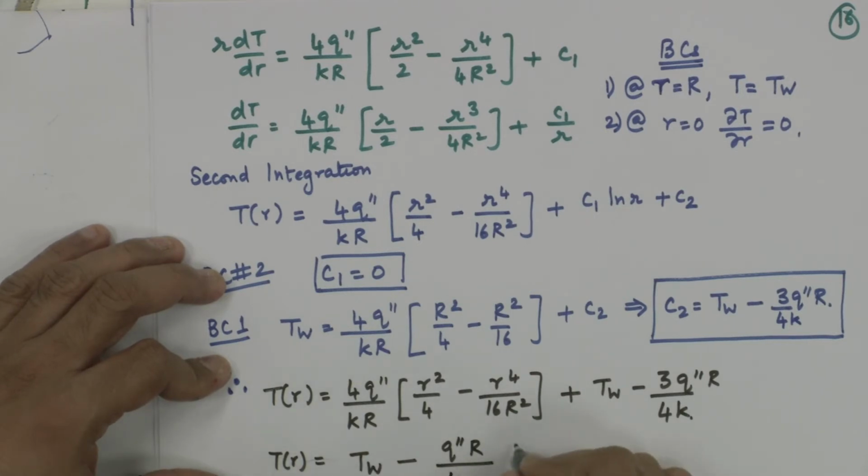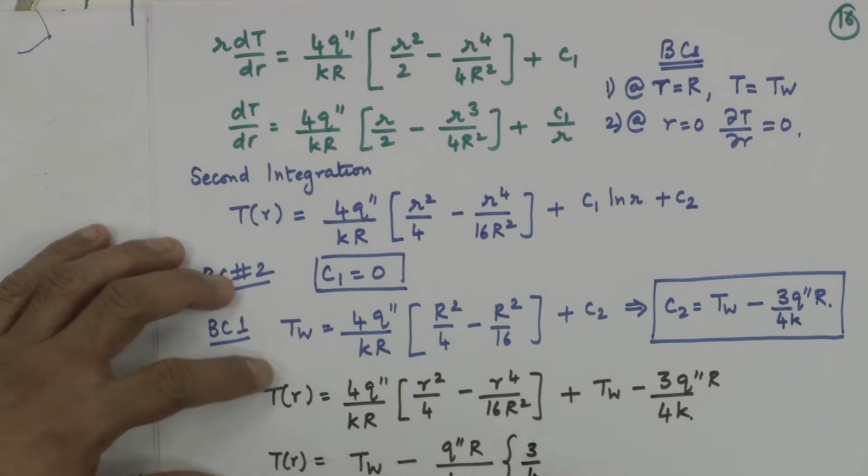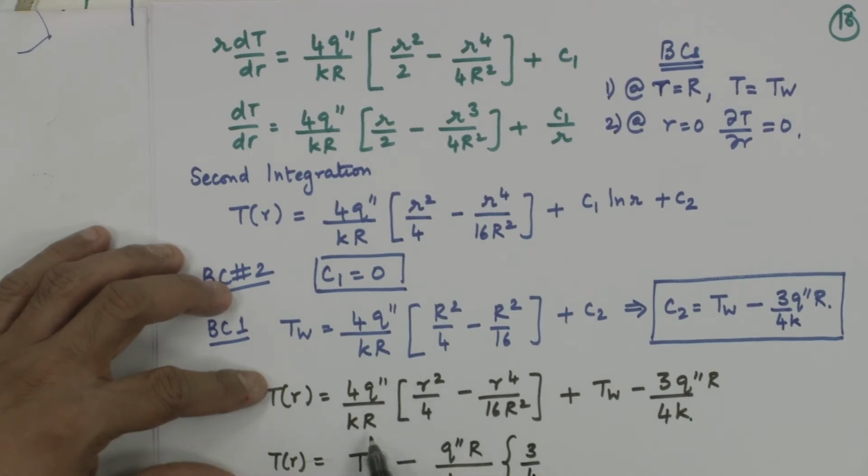So, I take it out, open the bracket. This one is just 3 by 4 as it is, minus sign is absorbed here. This bracket q capital R by k. So, I have introduced capital R outside, there is r squared by capital R here.